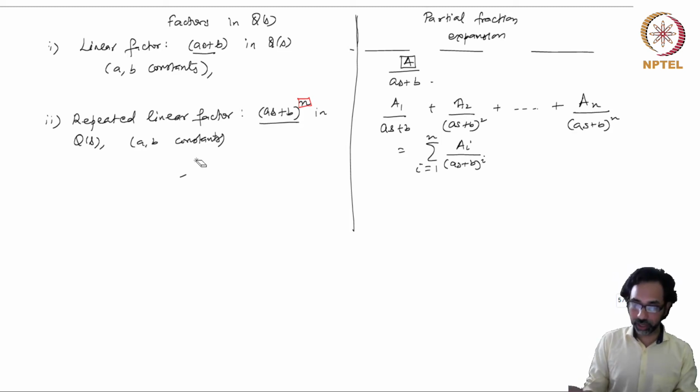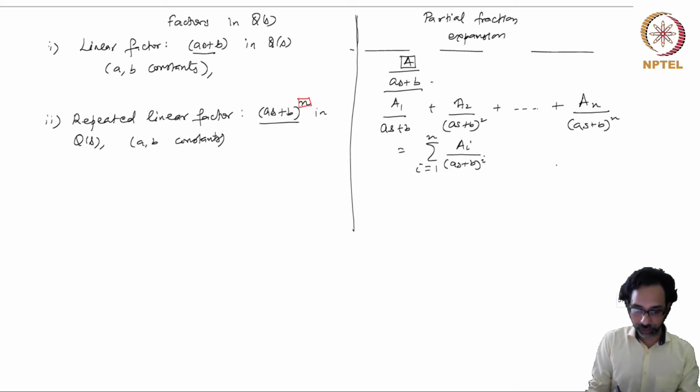So we can have multiple such repeated linear factors. Same for the first one, we can have multiple linear factors, multiple repeated linear factors, or mixtures of those, but for each such factor in Q(s) we have to use the partial fraction expansion on the right hand side.